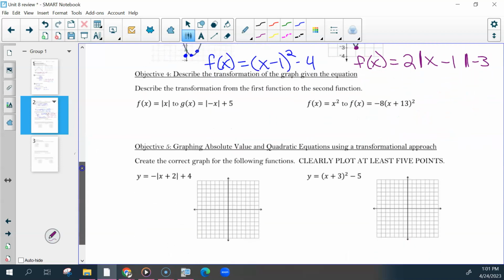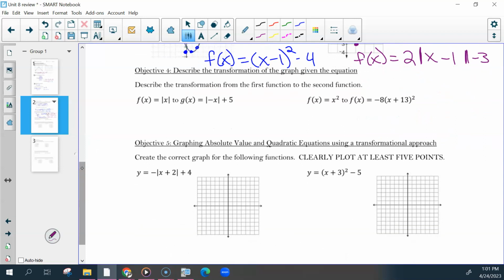For objective 4, you are given equations and have to describe the transformations. So look at the original, look at the new equation, look at what changed. What would those transformations be? It flipped. So how would we write that in our words?